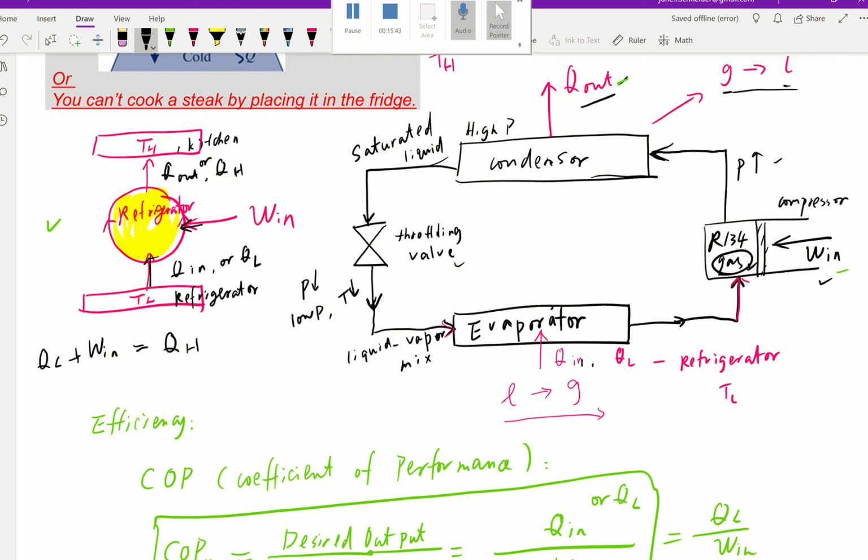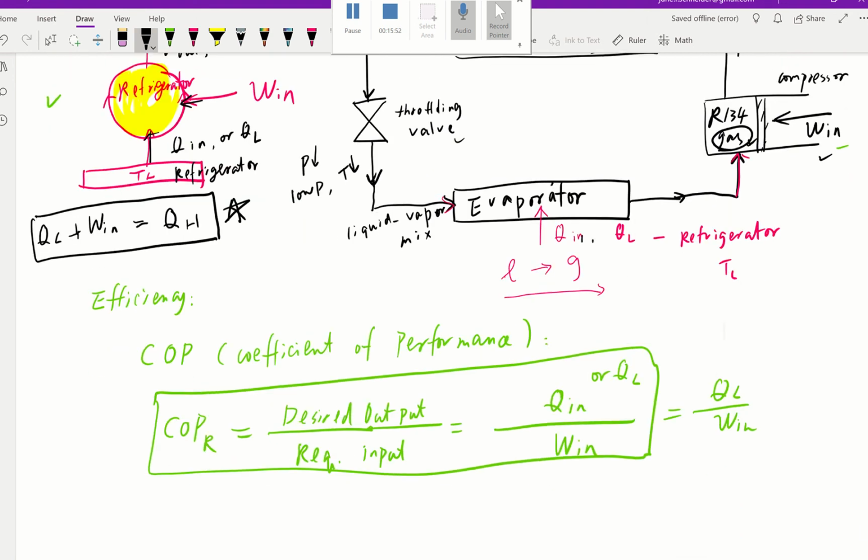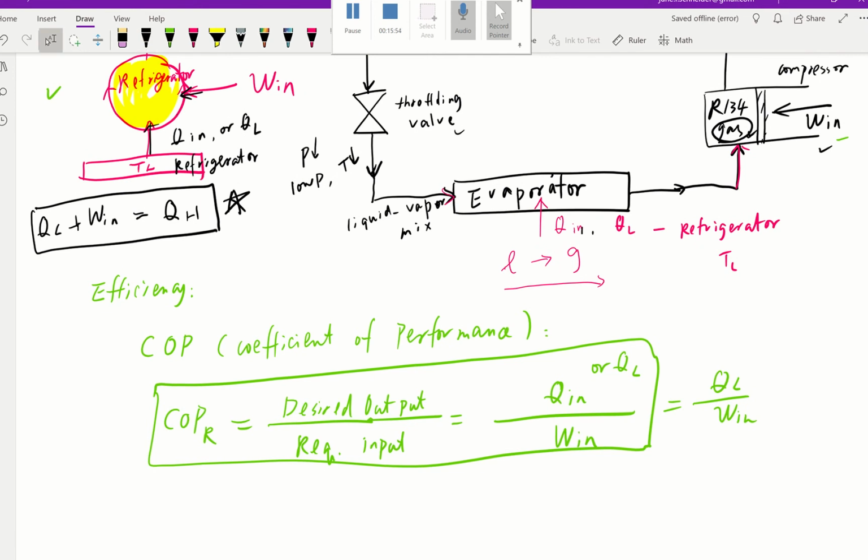That's going to be the heat going out to the kitchen. So knowing this, that's another important equation for a refrigerator. Knowing that, we can replace the work in in our COP, the coefficient of performance of refrigerator.